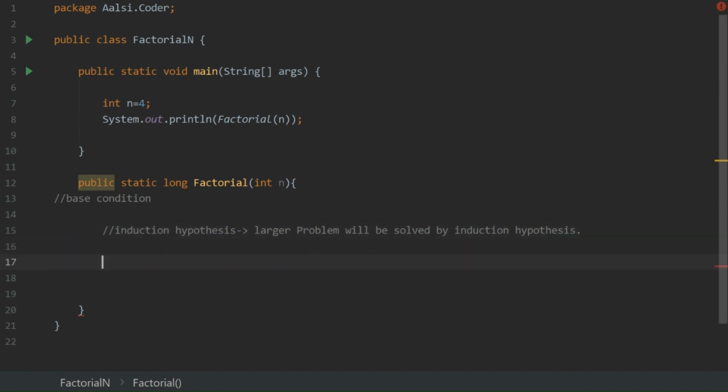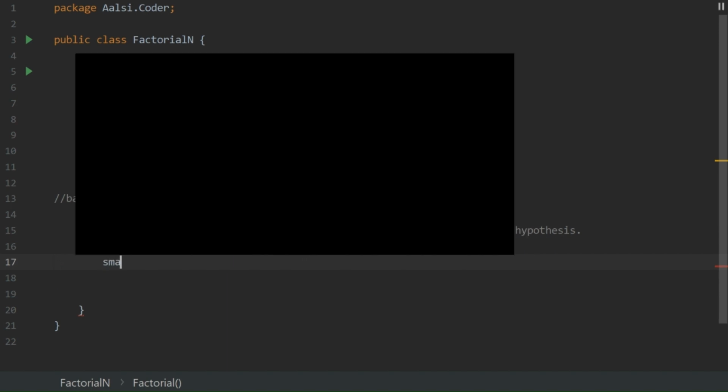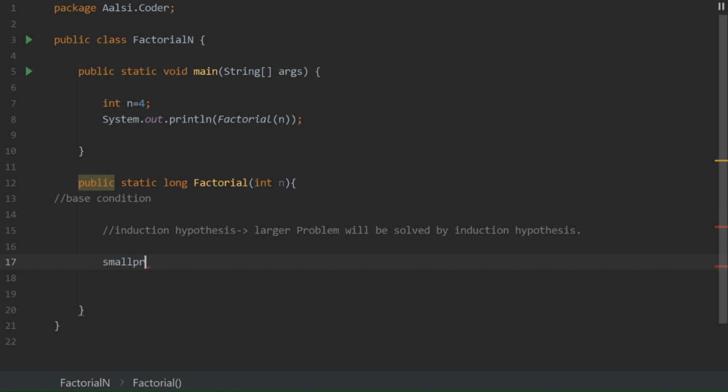So what will I do? I am a smart coder, right? We will solve only a small problem. A small problem is easier to solve, right? So as smart coders we solve only the small problem, and then we return the answer to the larger problem.